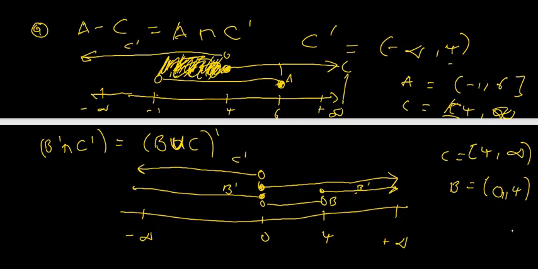Okay, so where are they intersecting? A, B, and the C complement. We can clearly see that this complement, they are intersecting from here.